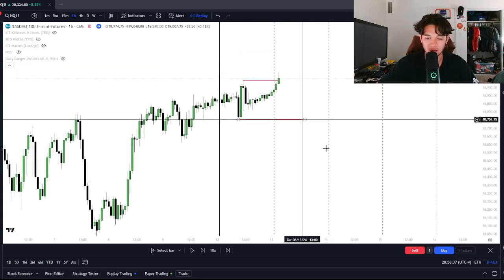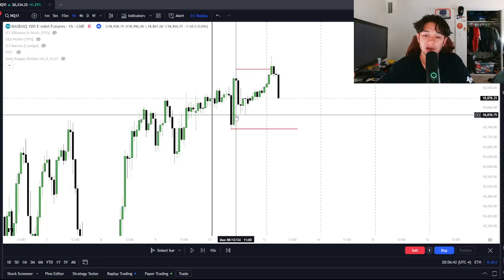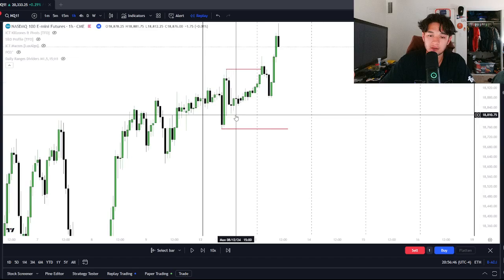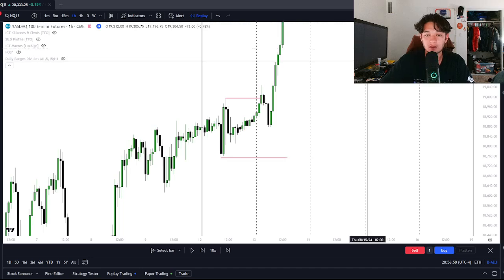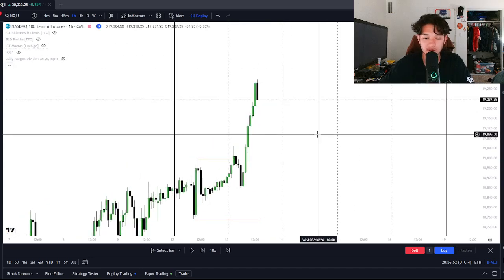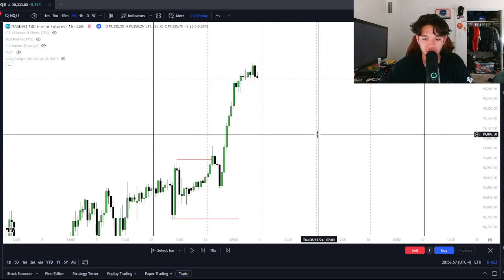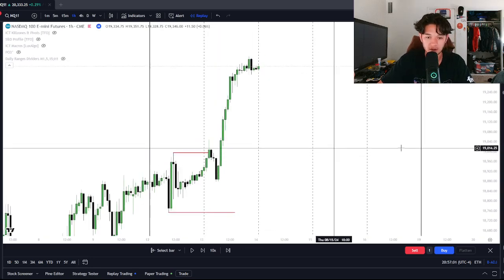So I'd be looking for bearish for now. Okay, we're pushing higher, pushing higher. Okay, I would not be looking to take a trade within there at all. Even with all that expansion up, I'd not be looking to take a trade within that at all.